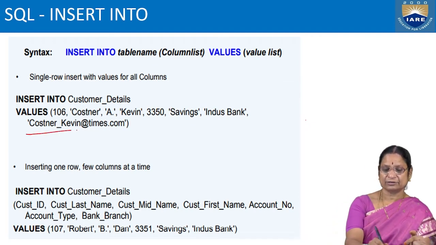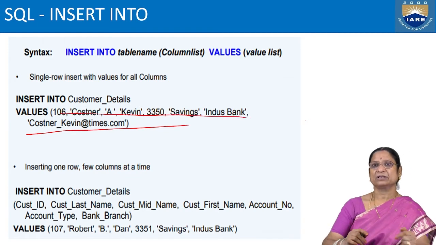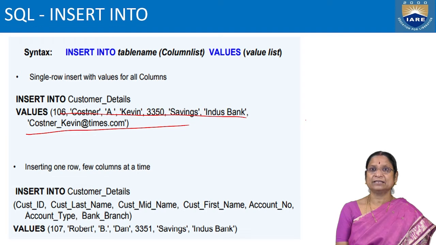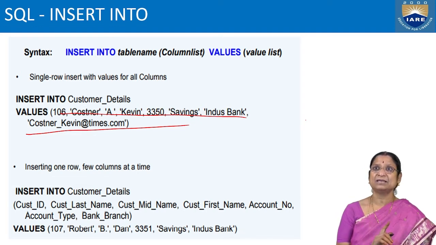All are there, please observe. If we are providing the entire data, then we need not give the attributes. But remember, the values must be in the same order. Then only this can be done.